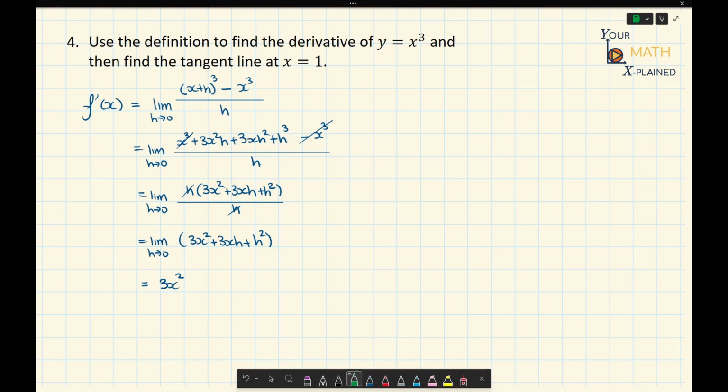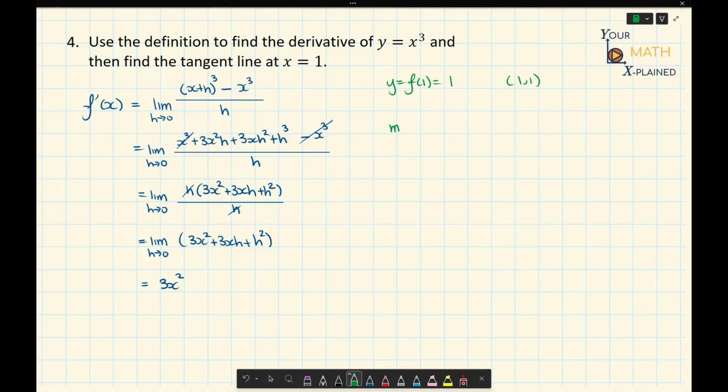So now if we want to find the tangent line at x is equal to 1, the first thing we need to do is find the actual point there. So we would have y is equal to f of 1, which is going to be 1 cubed, which is equal to 1. So therefore, our point is (1, 1). And then the second part would be to find the slope at x is equal to 1.